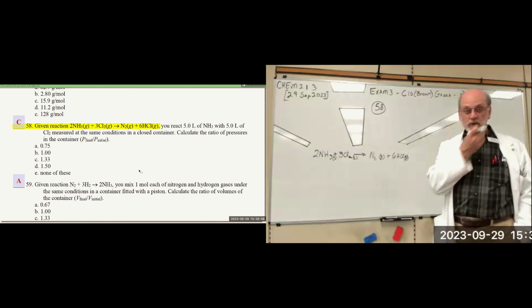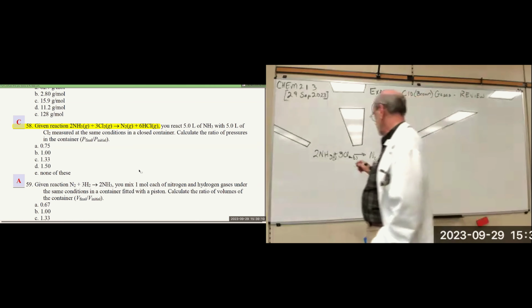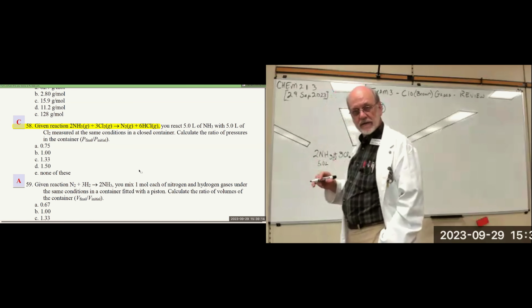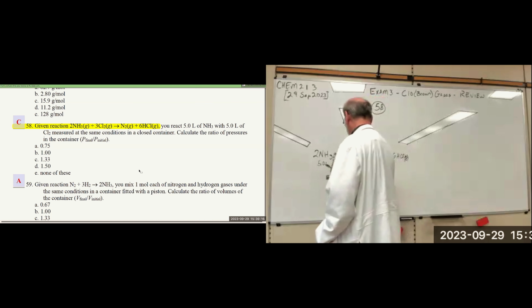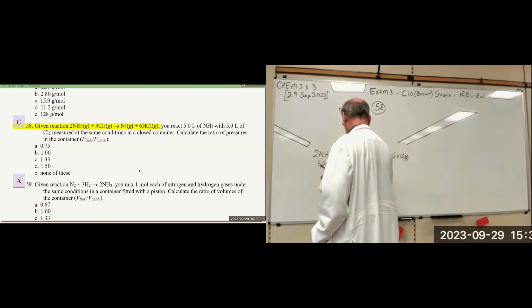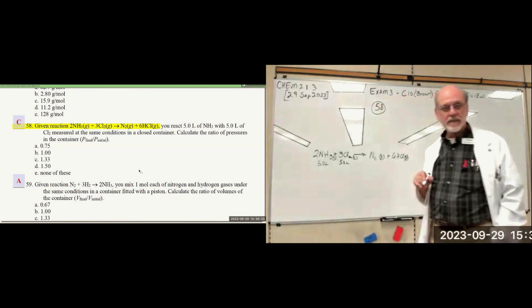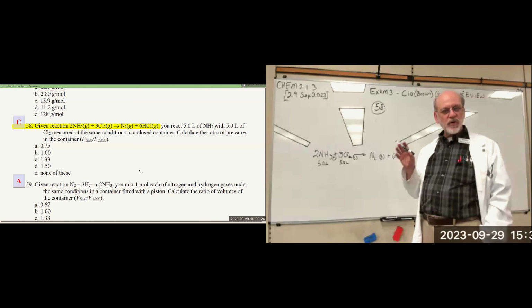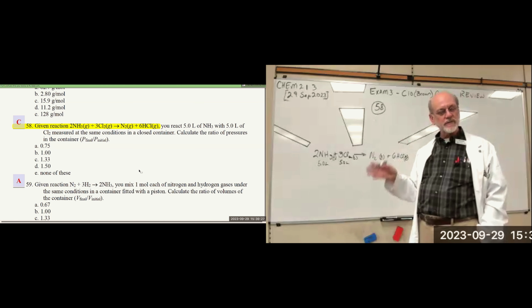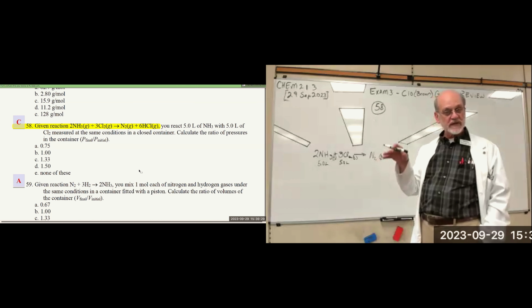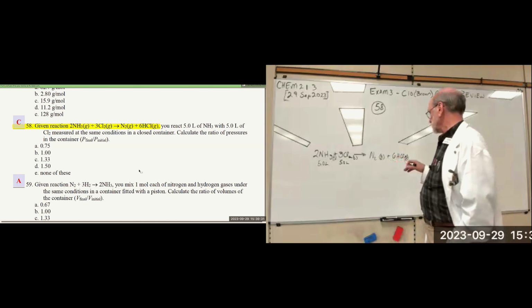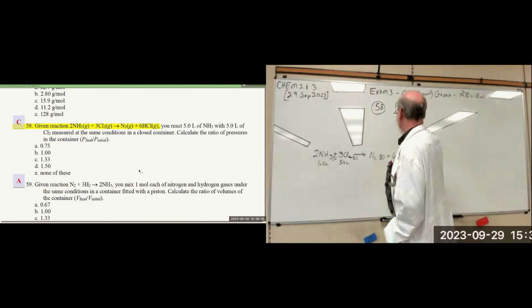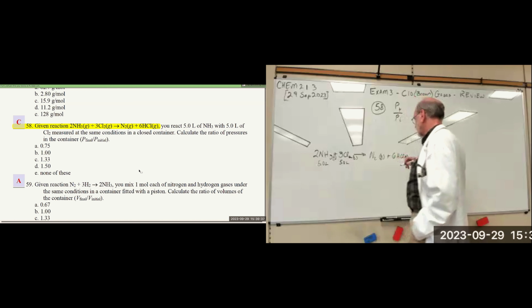Okay, if we react 5 liters of ammonia and 5 liters of chlorine, what they want to know is the final pressure versus the initial pressure. This is the question. Final pressure, initial pressure.